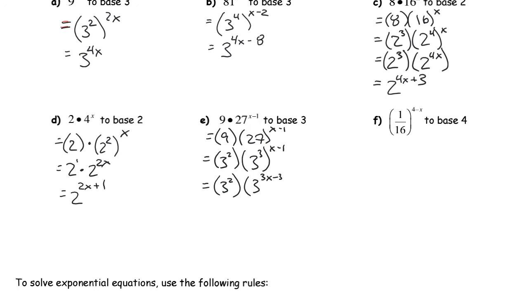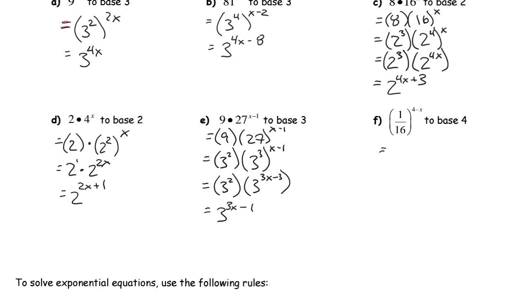And remember, to distribute it through, it's 3 multiplied by x minus 1. It's a binomial, so it has to get distributed through. And now I'm going to add the exponents together because I have the same base. So this will be 3 to the, okay, well, I've got to put the like terms together. I've got a 3x there, and there is no other term with an x in it, so that's okay. But I've got 2 plus the negative 3, and 2 plus negative 3 is going to be negative 1.